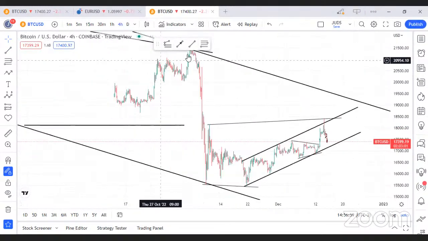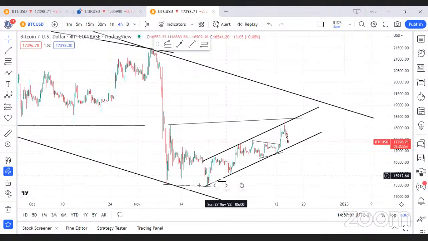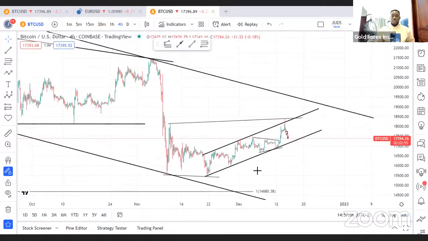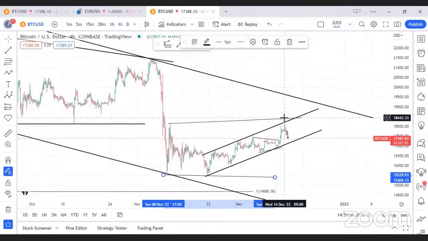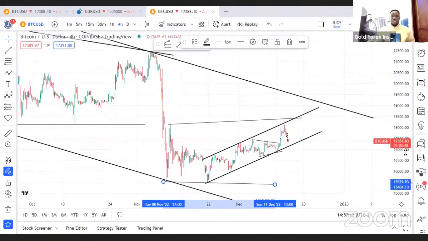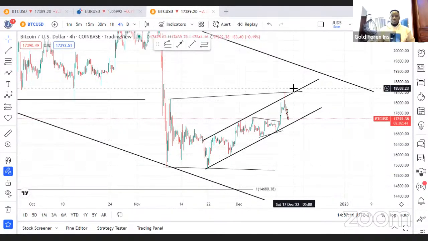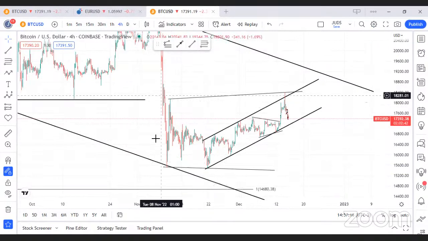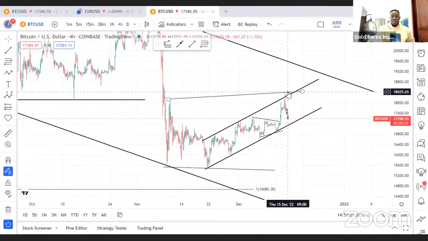For this entire bearish move, we are coming down because you see, it has completed a triangle formation, A, B, C, D, E, for the correction. From the C leg, so A, B, C, the C leg has formed 5 waves.